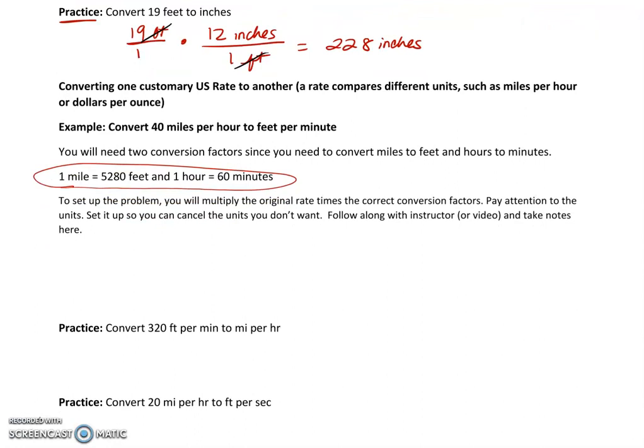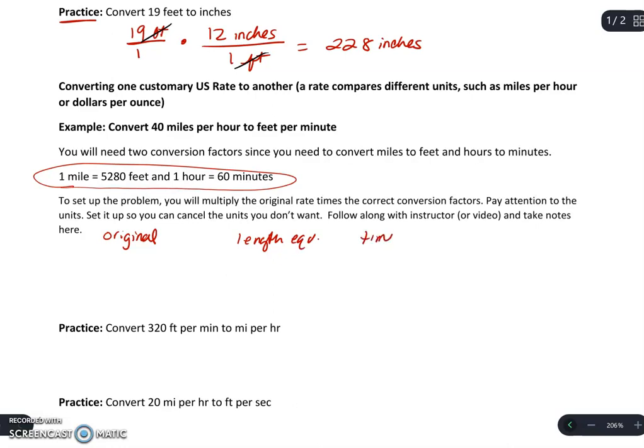So first we're going to take what we're given, the original. And then we're going to use our equivalency. Okay, so we have a couple of different things that are going to go on here. We have our length equivalency, and we also have our time equivalency, or unit fraction, we could say.